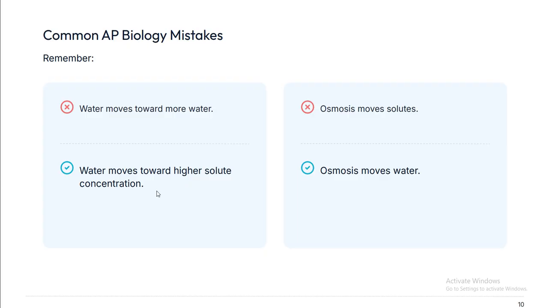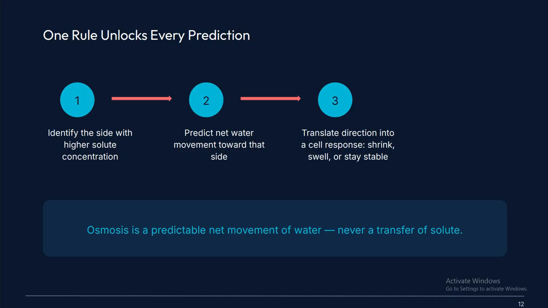Again, I didn't make a mistake on this. The water will move to the higher solute concentration to establish equilibrium. So if you paused the video there and went on to the AP exam and made that mistake, I guess we're both just not going to get the letter.